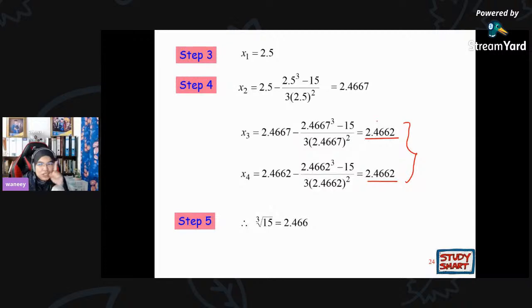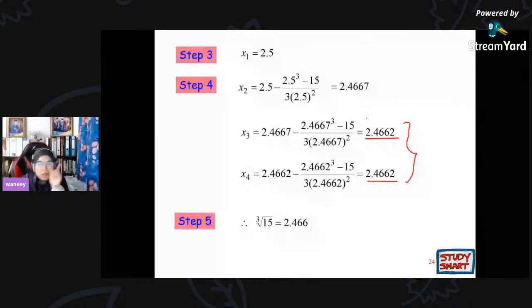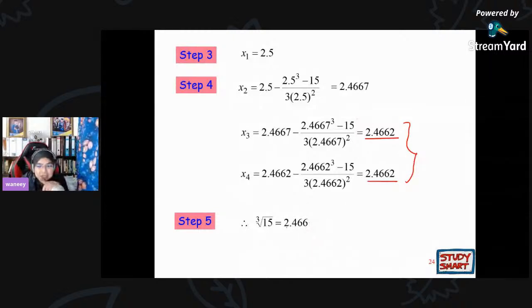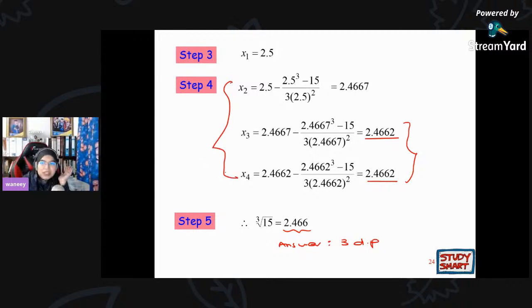Okay, so one more thing that you should take note of. I already reminded you earlier, but I'm going to remind you again. Since this is basically the answer, the answer required 3 decimal places. So x2 up until x3, those are actually our working. For the working, it should be at least 4 decimal places.